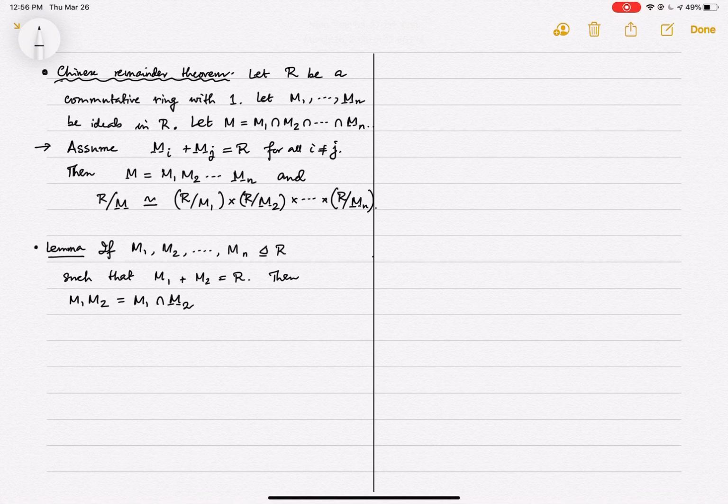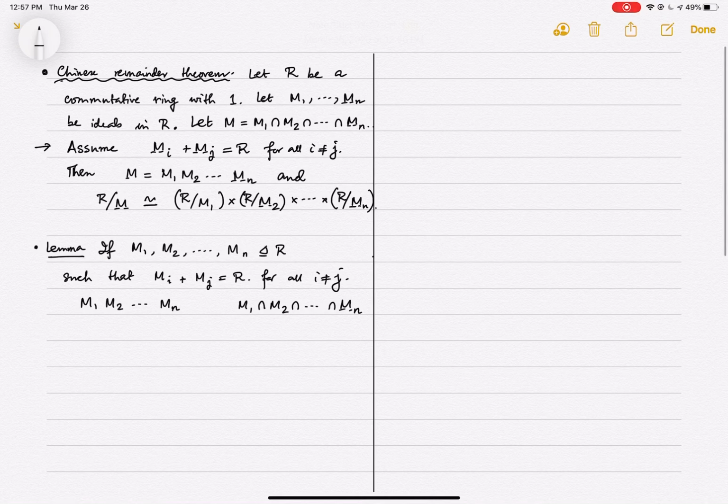If you have finitely many ideals, and you know that the sum of any two of them is equal to R for all i not equal to j, then the product, which in general is a subset of the intersection, but if you have this assumption, then they are equal.